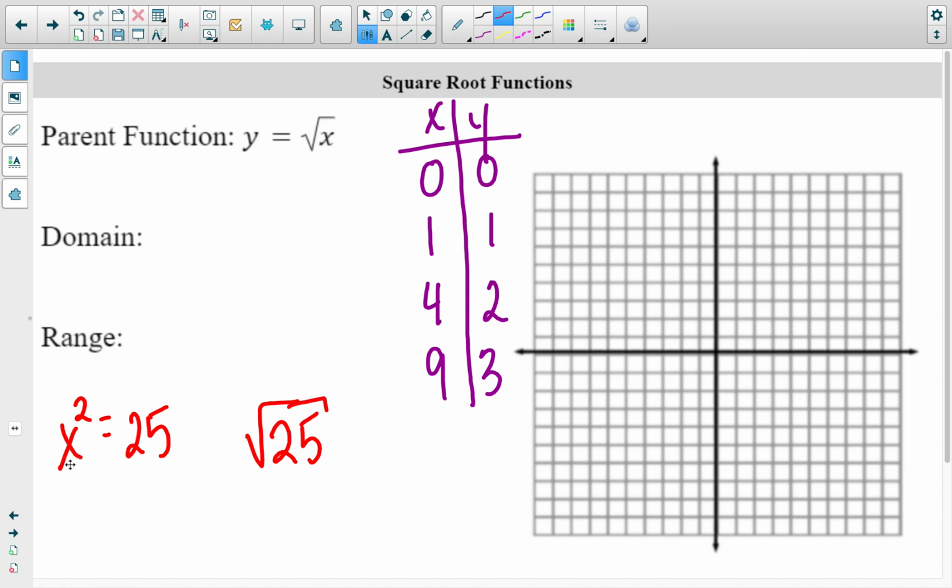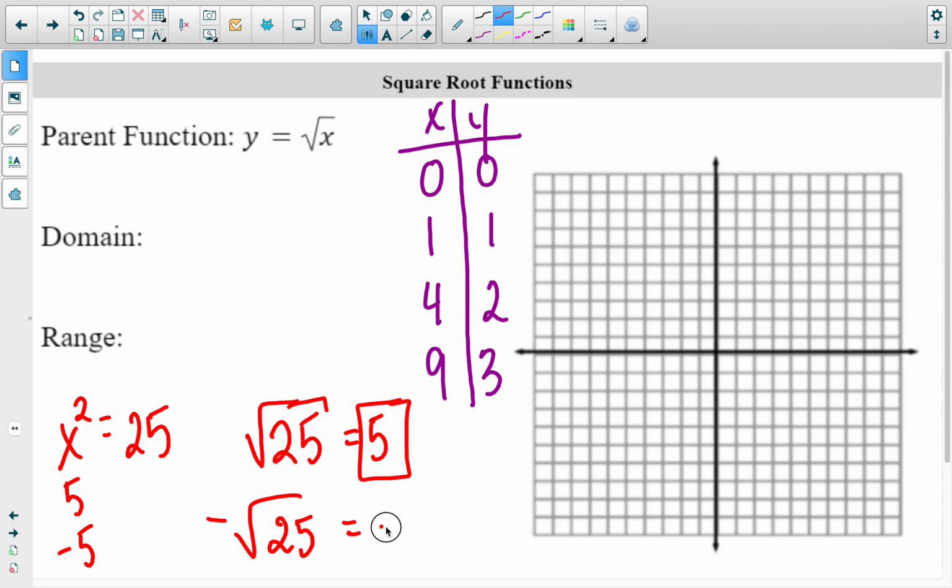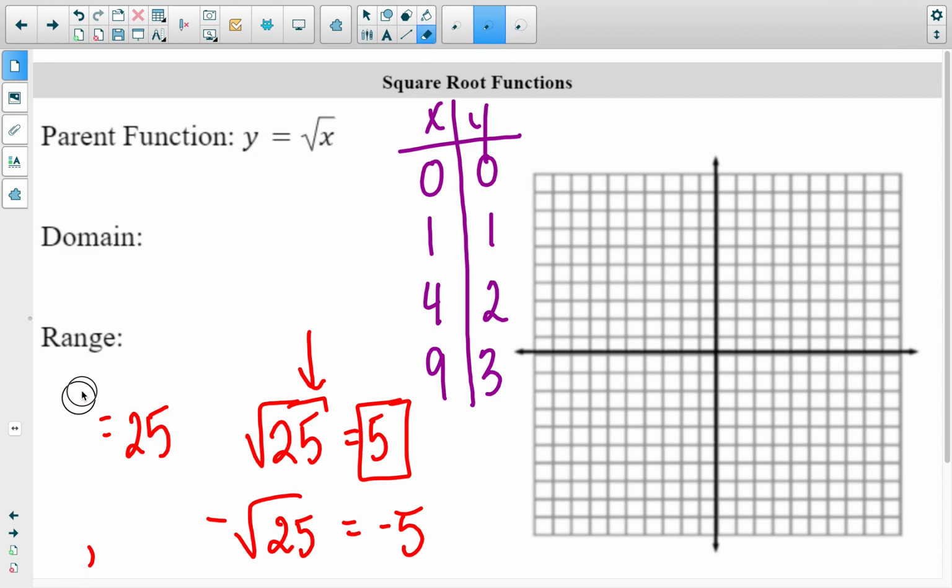A number that is being squared to become 25 could be 5 or -5. But if I'm just asking you what is the square root of 25, you should give me 5, only the positive one. If I ask you what's the negative square root of 25, then you should give me -5. So you're doing two different things here. And in the table, we're dealing with this second question, so we're only going to work with the positives.